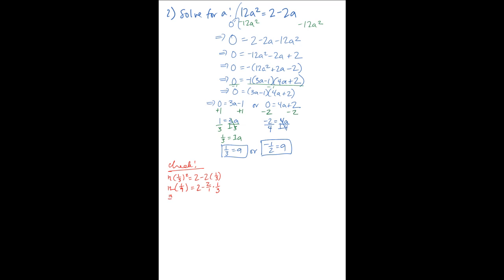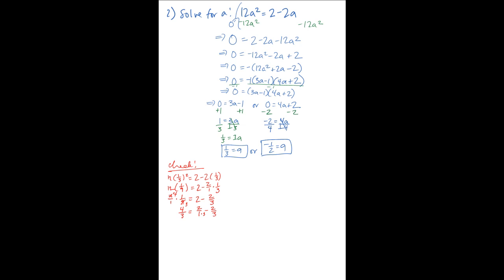I can write this as 12 over 1 times 1/9, 2 minus 2/3. And 12 and 9 both have 3 in common. We can divide them both by 3. So 12 divided by 3 is 4. 9 divided by 3 is 3. So I get 4/3 equals 2 over 1 minus 2/3.